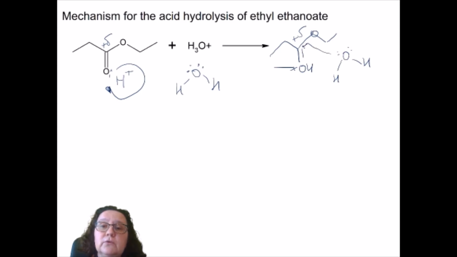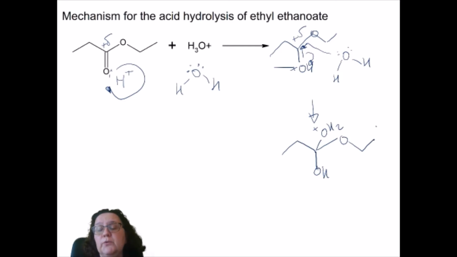So I attack the carbonyl group, those electrons bounce, and I end up with this intermediate in which a molecule of water has become part of the molecule, but at the moment, because the oxygen hasn't lost the two hydrogens, it is protonated. I've got a hydroxyl group here, and I've got the oxygen and the ethyl group on this side of the molecule.